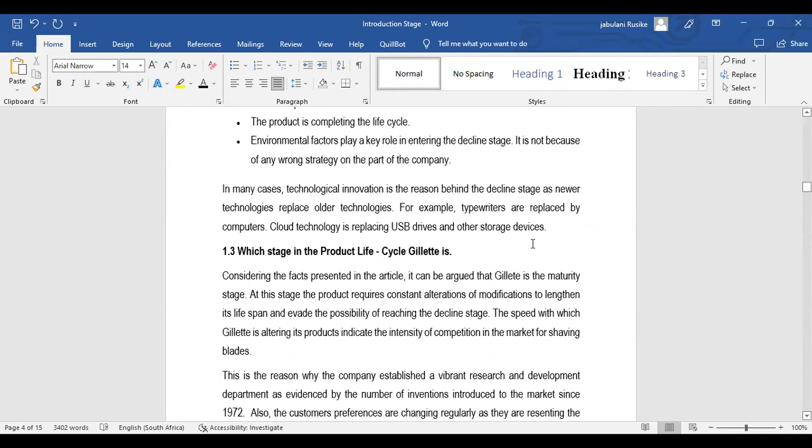And examples of products that went into a decline stage, I don't know if you know anything about typewriters. Long time ago, they used to have typewriters, which were actually replaced by competitors because of the changing needs, the changing demands of customers. There's what is known as cloud technology, which is replacing the USB drives and other storage devices.